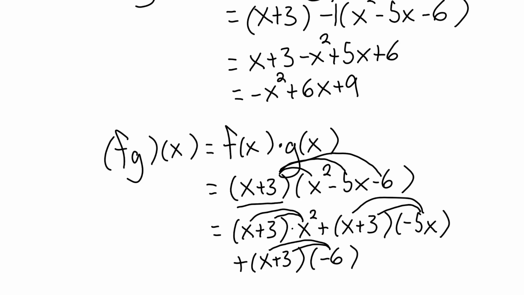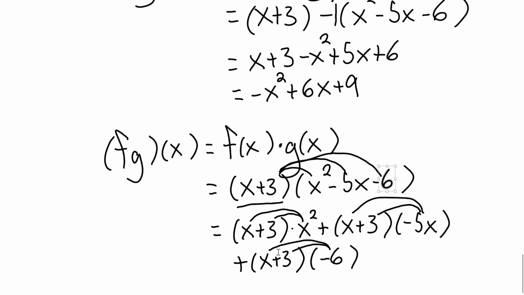Okay. So basically what we're trying to do here is we're trying to ensure that every term in the x plus 3 of the binomial here is multiplied by every term in the x squared minus 5x minus 6. Right, so every term should be multiplied by every other term in each parentheses here.